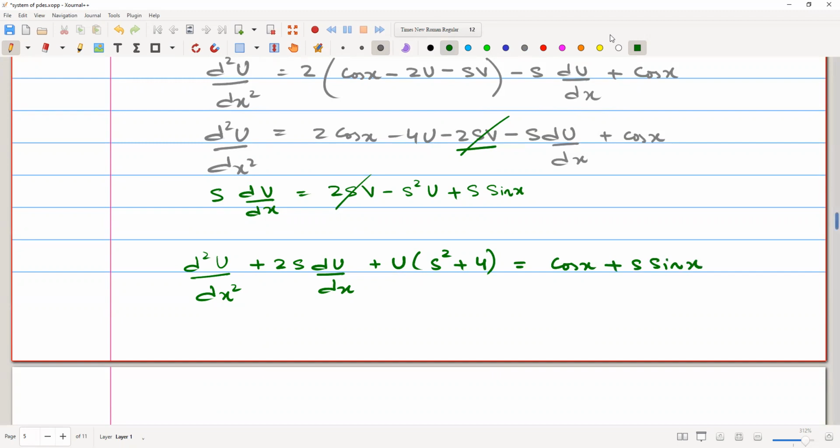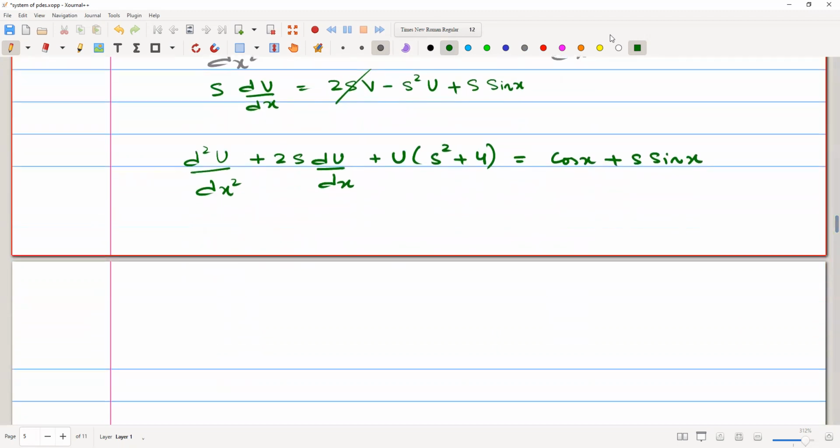Now you see this is a simple linear second order differential equation with constant coefficients. In fact, it is non-homogeneous, but it's easy to solve, right? We can solve it by making the characteristic equation, finding the homogeneous solution, and then the particular solution.